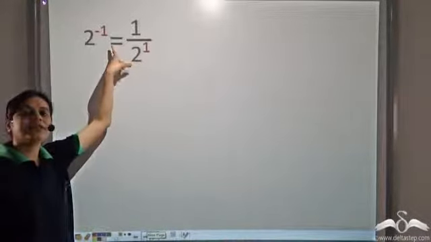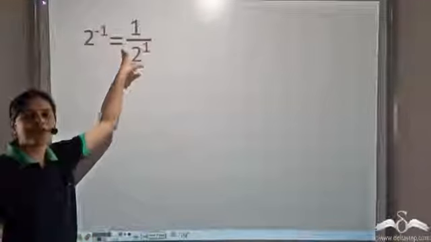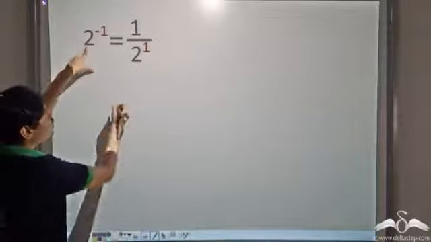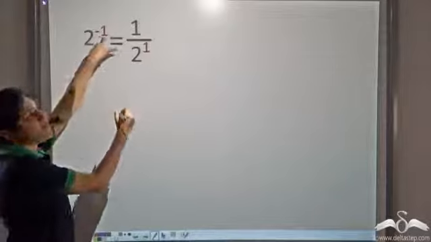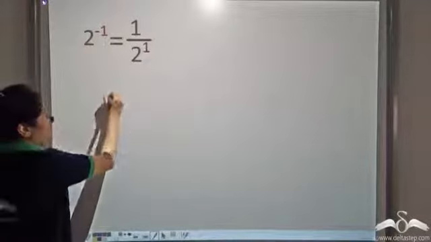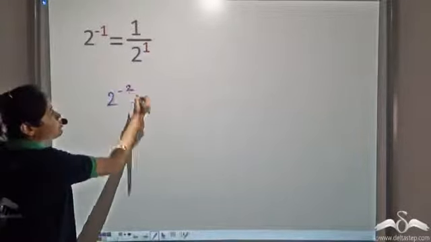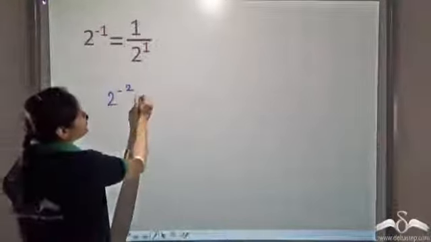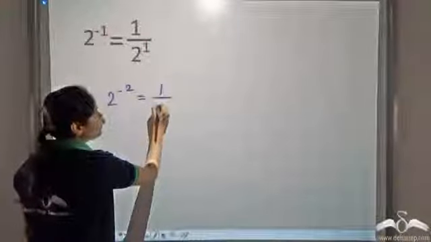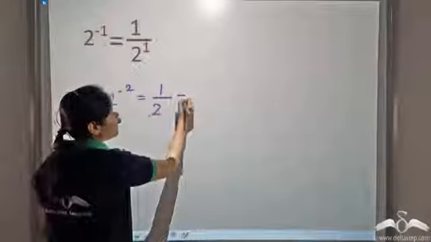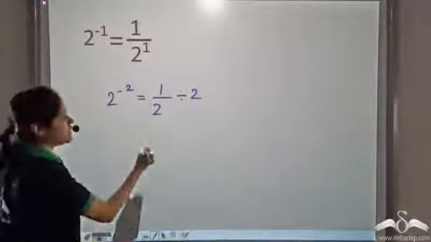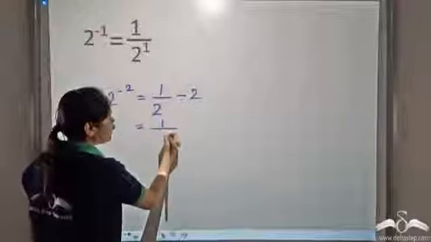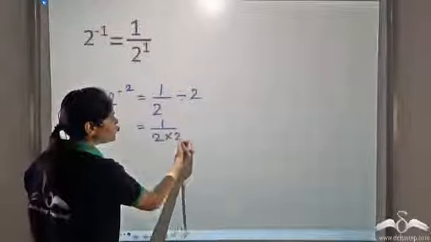Now what if we decrease the power by 1 further? So 2 to the power negative 1, if the power is decreased by 1, becomes 2 to the power negative 2. We need to divide this by 2. So this is equal to 1 by 2 divided by 2. That is 1 by 2 into 2.